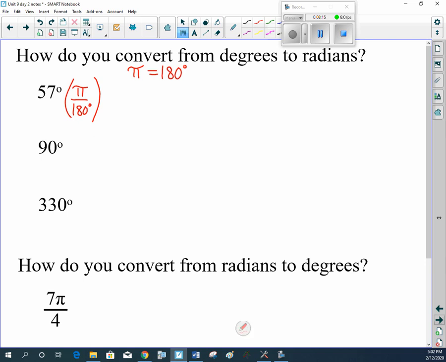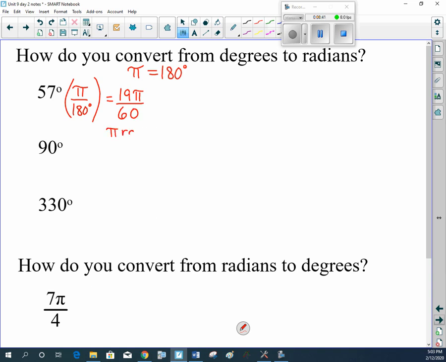If we want to leave it in terms of pi radians, you would just reduce the fraction 57 over 180 if it reduces. If it doesn't reduce, then you don't worry about it. So this one actually reduces to 19 pi over 60. That's what we call pi radians.